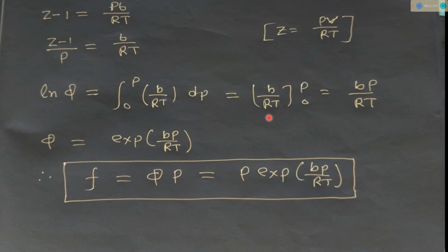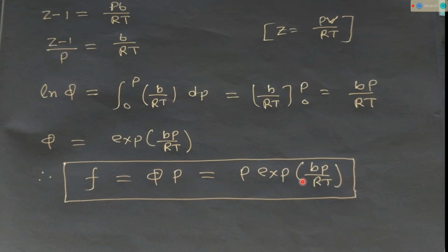So phi will be exponential of BP upon RT. Now from F equal to phi P, in place of phi we can write exponential BP upon RT, so F equals P into exponential BP upon RT.